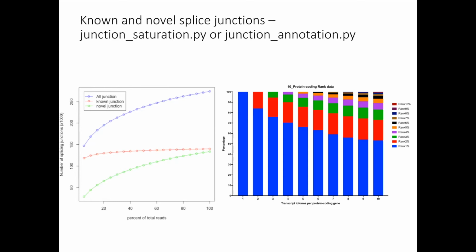In general, what we suggest is that you should sequence a lot of samples, because it's better to have multiple samples to adjust for biological diversity, to have statistical tools and enough statistical power to identify things that are differentially expressed. And the more samples you have, the better the results, or the more things you can identify.